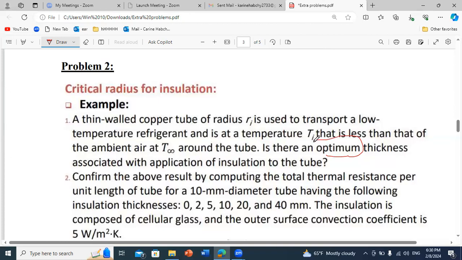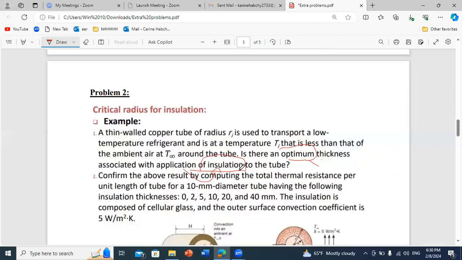Because I said insulation, the purpose is to have good insulation, so the optimum should give us maximum insulation.